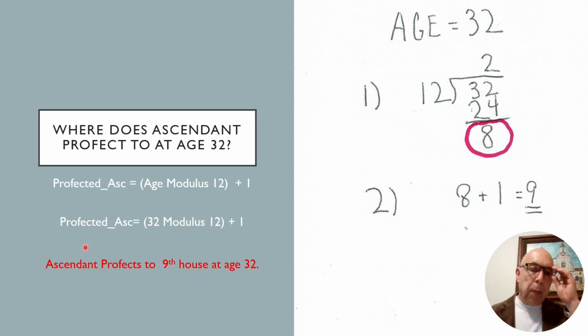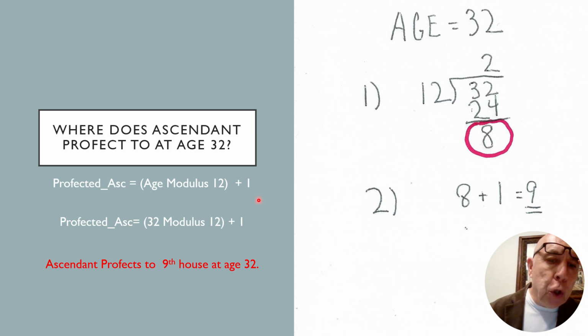So let's say somebody comes to you and their age is 32, and you want to know where the ascendant has perfected to at age 32. As we see down here, we have our formula that I just gave to you.